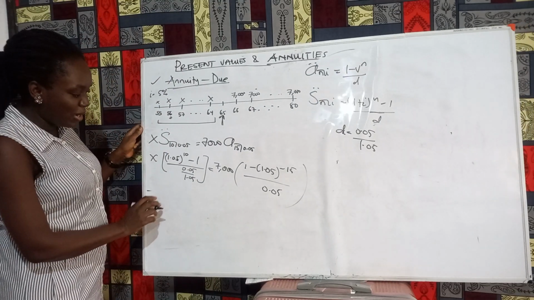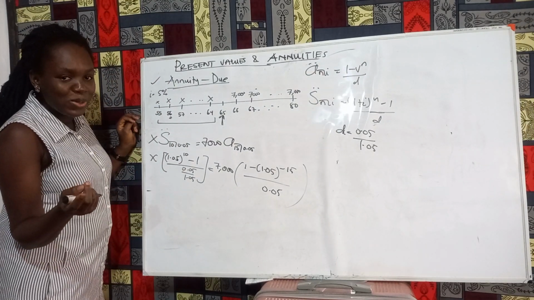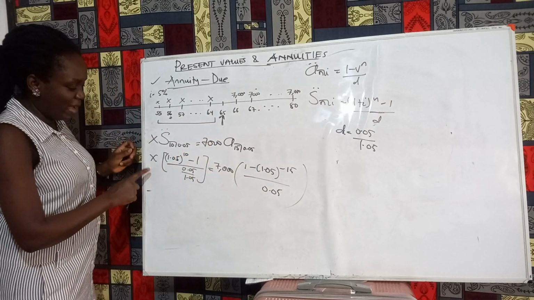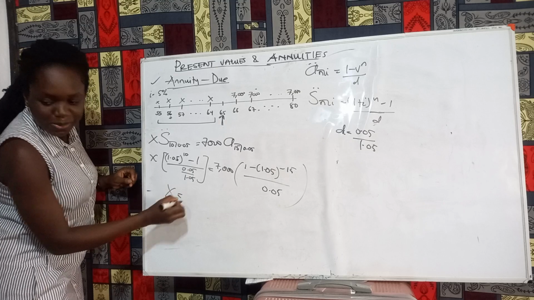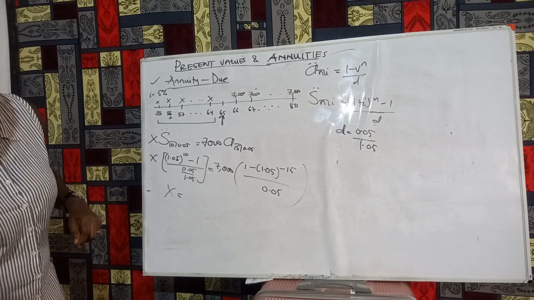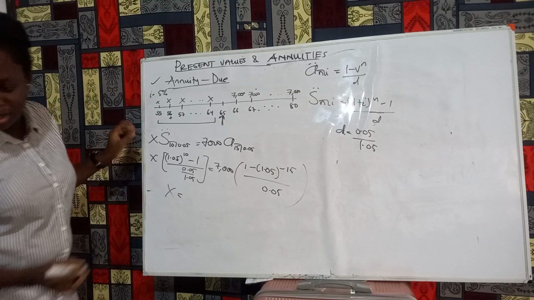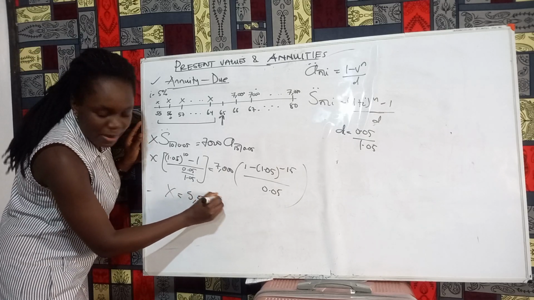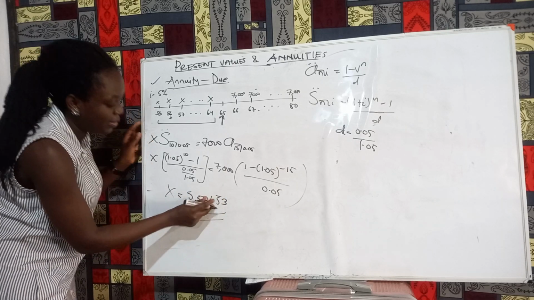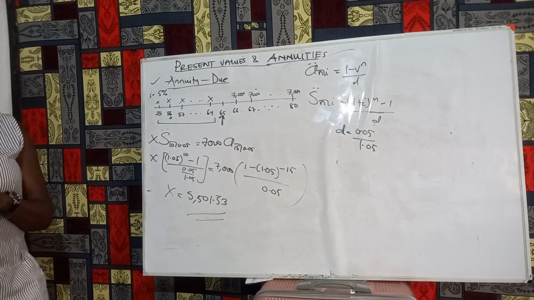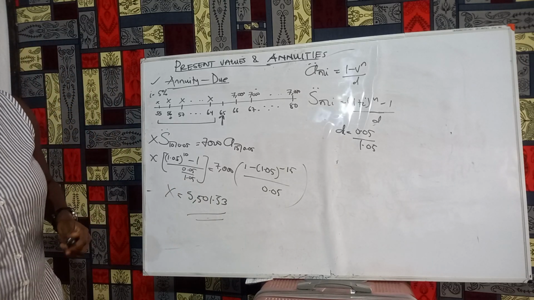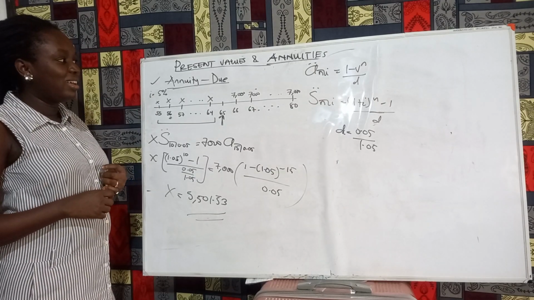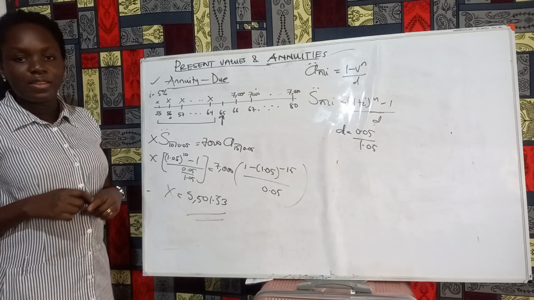So this is a very long equation. You can use your calculator to simplify this and then you find X. The value of X you are expected to get is 5,501. I may make a mistake, so please make sure that what I've written here you also verify to be correct. So this brings us to the annuity due. Let's meet again and look at the final session.